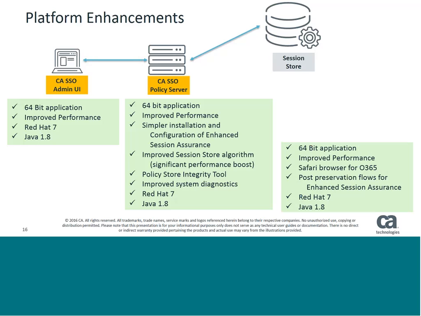So those are the pieces in the policy server that also partially relate to the session store. And when we look at the Access Gateway, some very similar kinds of things. The Access Gateway now is a 64-bit application. There are some improvements in performance related to that migration to a 64-bit application.